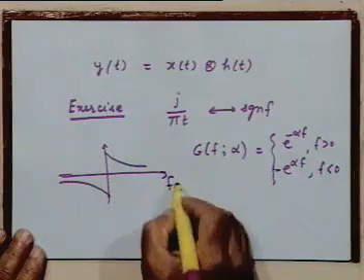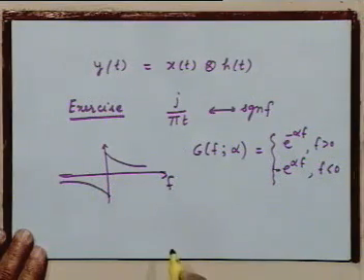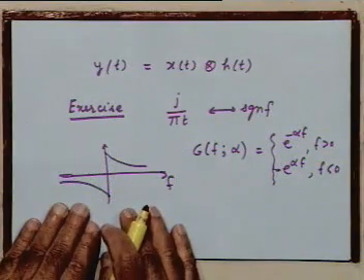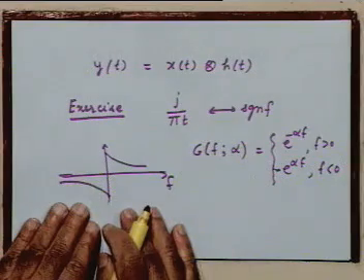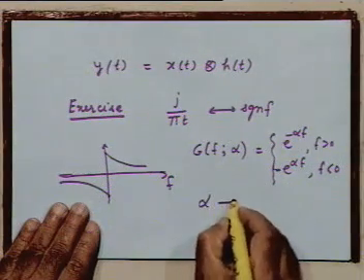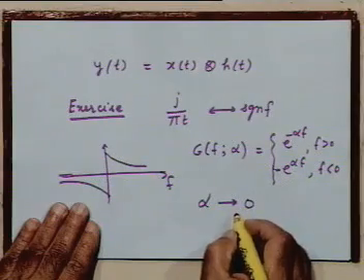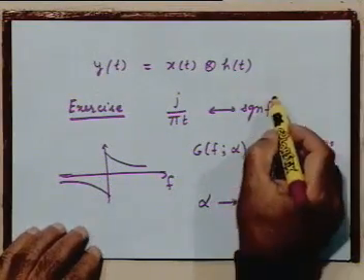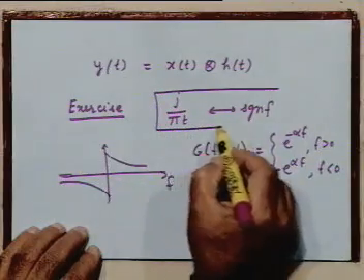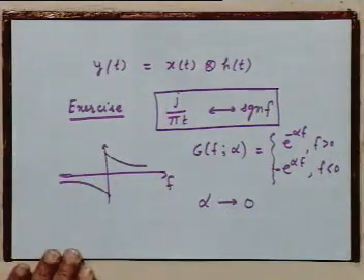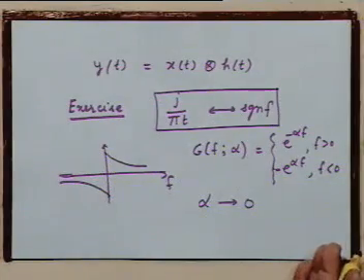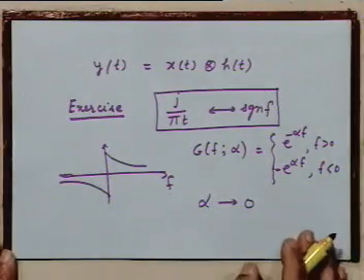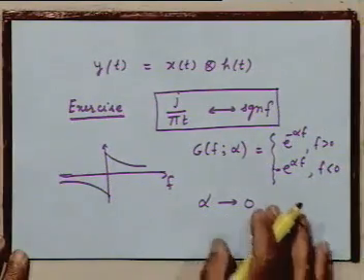First find the inverse Fourier transform of this function and take the limit as alpha tends to 0. If you carry out this exercise, you will be able to prove that these two functions are Fourier transform pairs. I have more or less done the job for you. You just have to sit down, write down the equations and confirm the result.